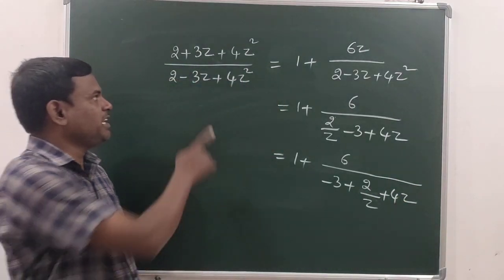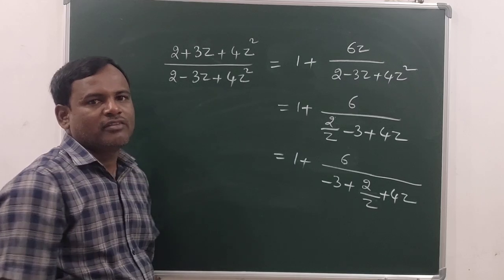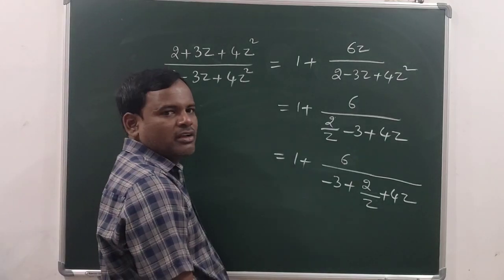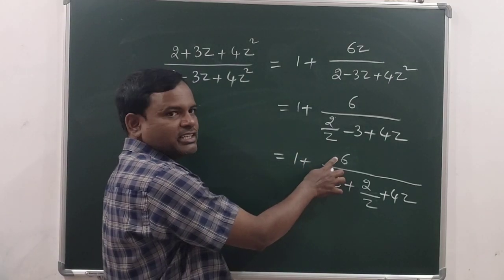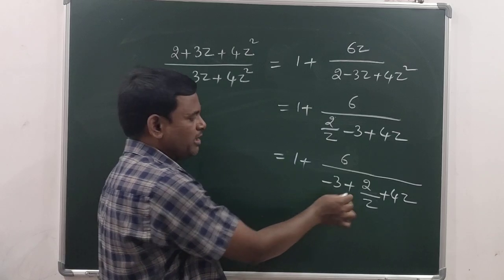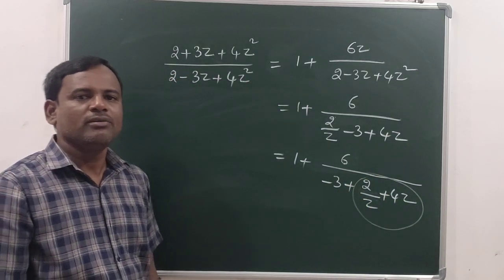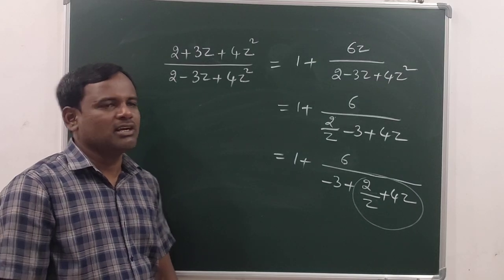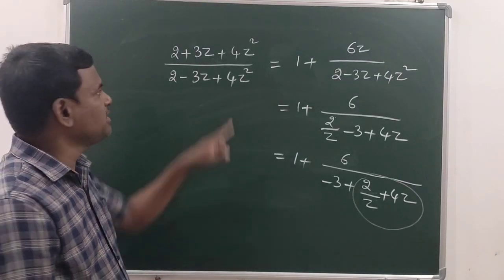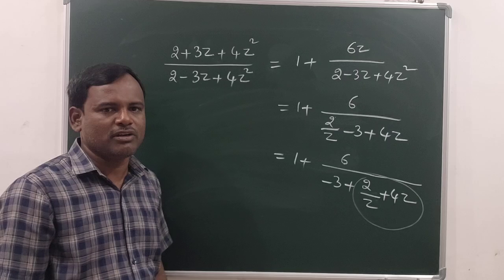In the problem they said it is a real number. When it is a real number, here 1 is real, and minus 3 is also real. So compulsorily this part would be a real number, because in the problem itself they mentioned this complete result as a real number.